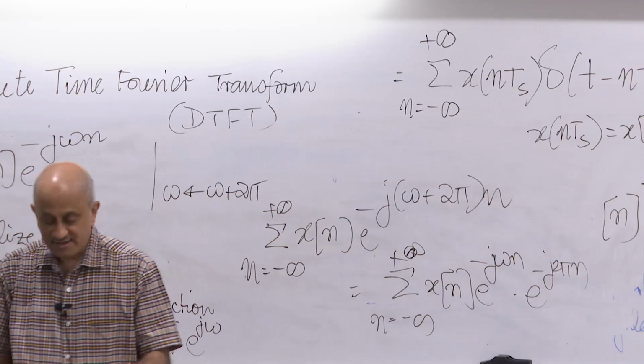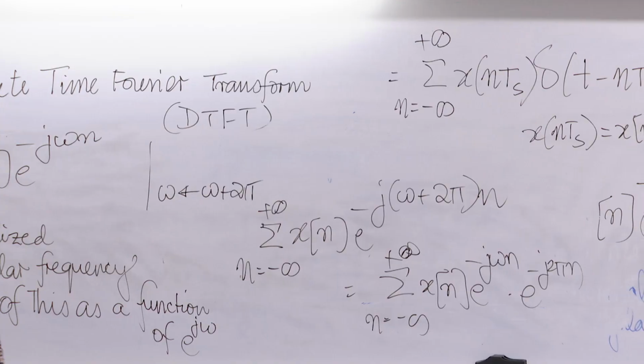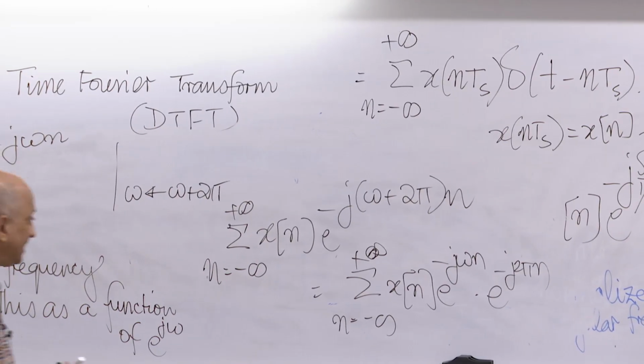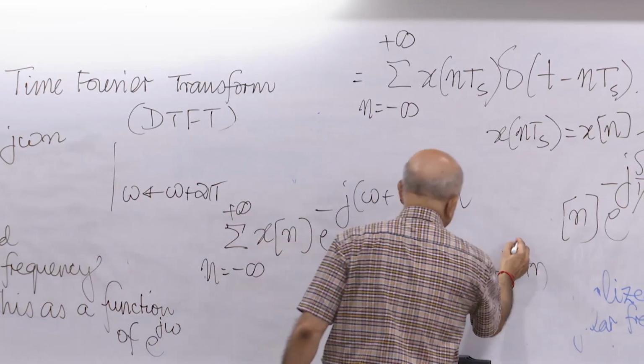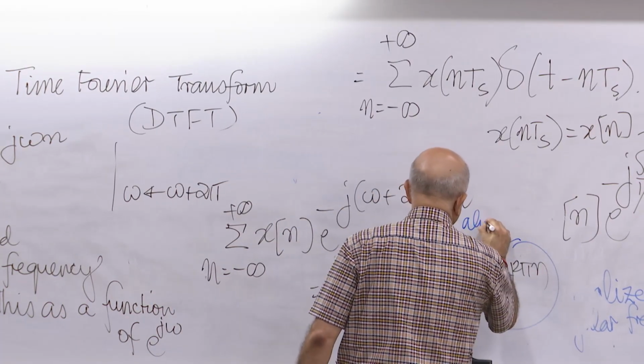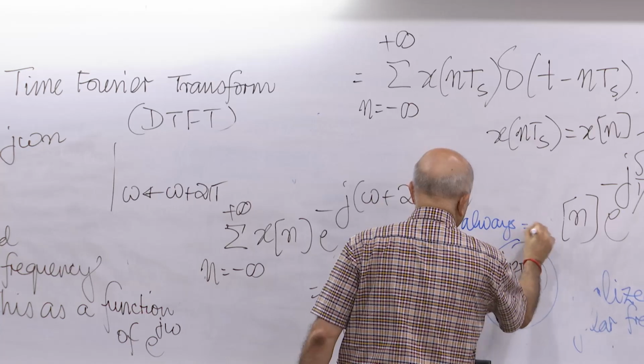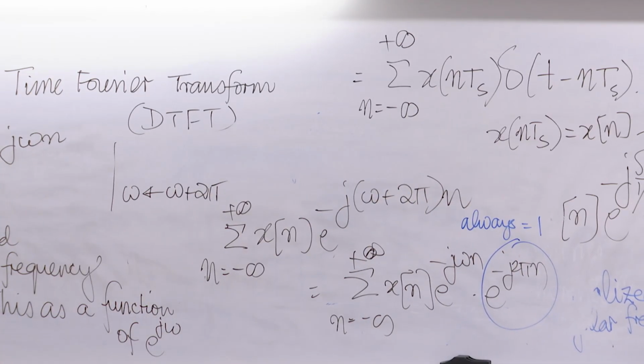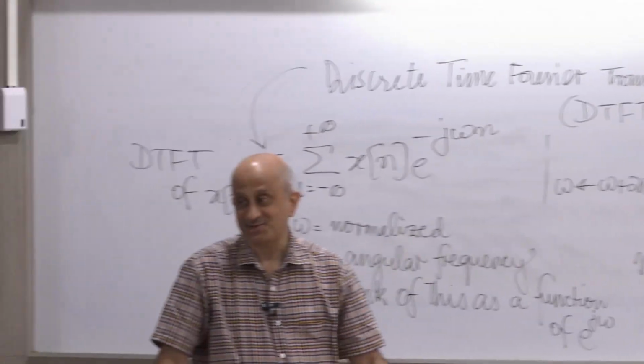Now, how much is e raised to the power minus j 2 pi n? Remember, n is an integer. 1. Right? So, this is always 1. And therefore, when you replace omega by omega plus 2 pi, you always get the same expression.